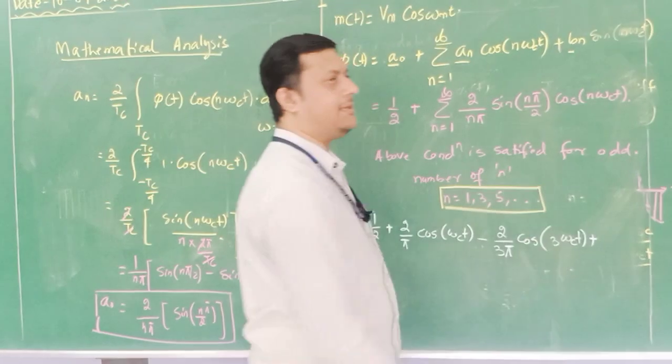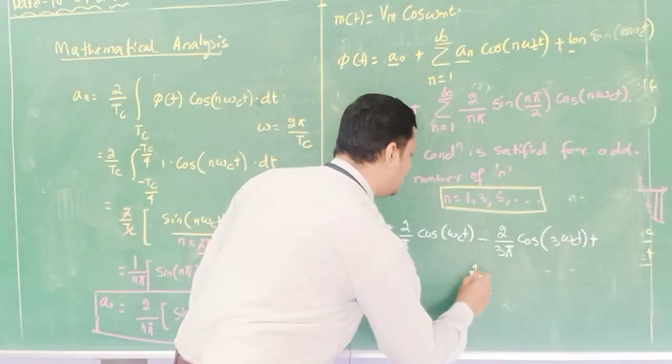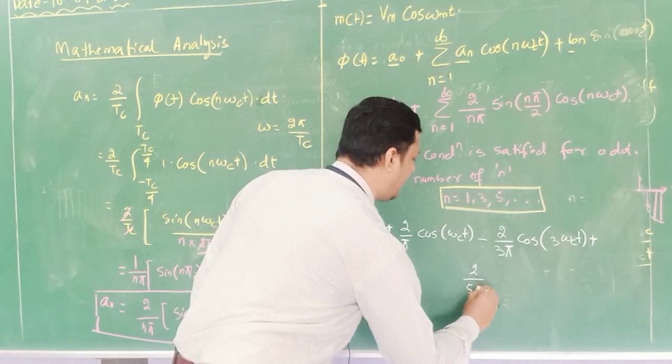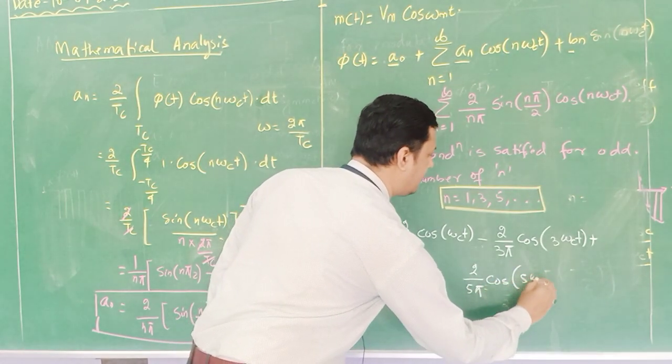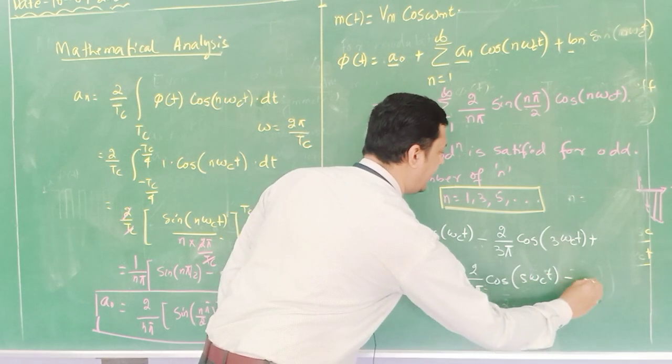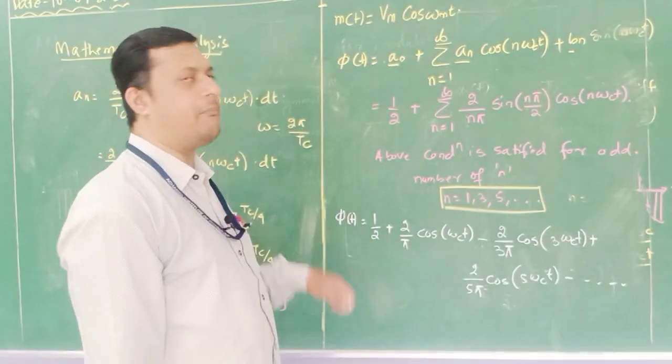Then the plus sign will come, because of 5 pi, plus 2 divided by 5 pi cos 5 omega ct. Then again minus. So this is the equation we are getting for the pulse train.